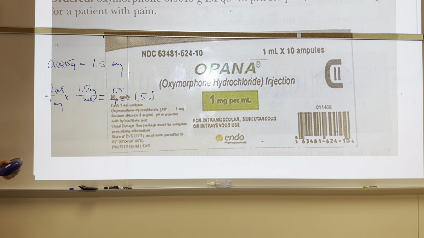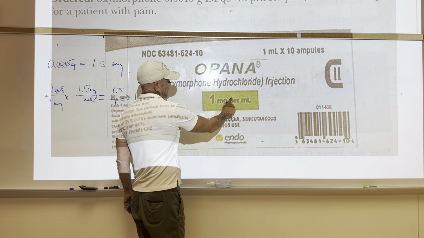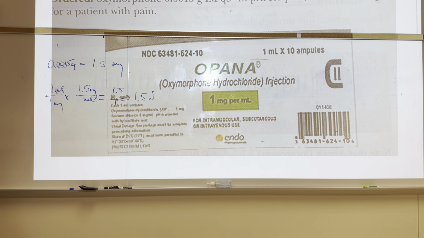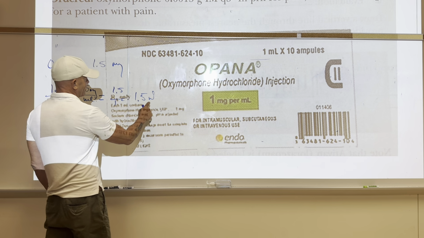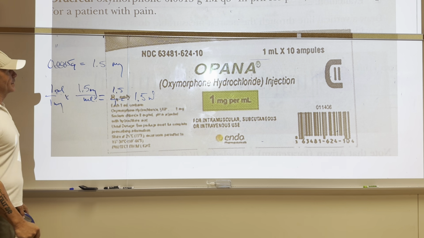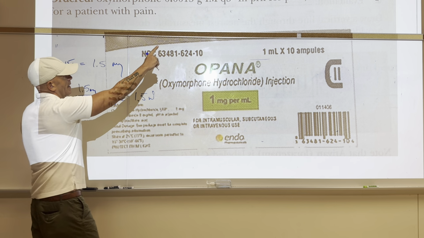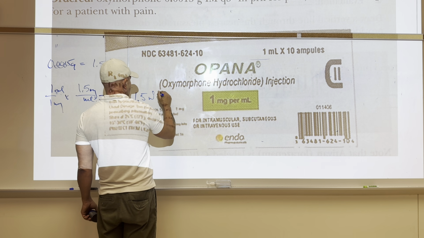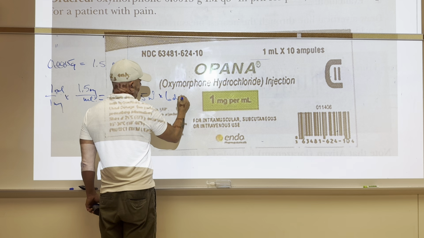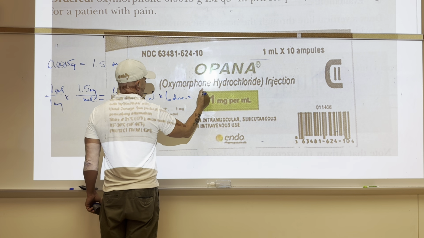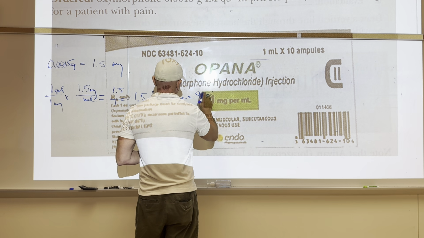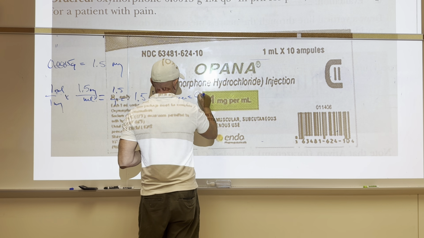Okay? Guys, think about it. It's 1 to 1. That's how much mLs you're going to get in one dose. All right? Then, every 4 hours, and you know 4 hours goes into 24 six times. Times 6 doses equals 9 mLs per day.